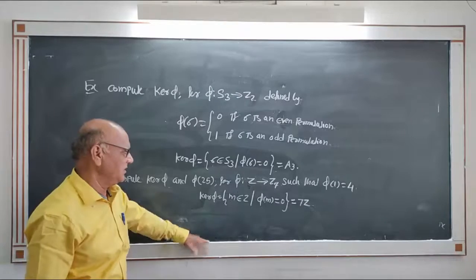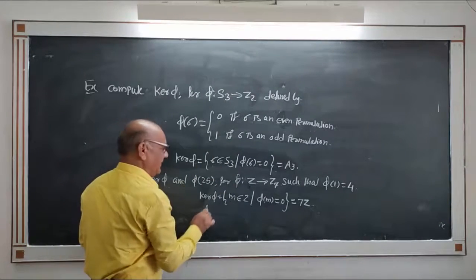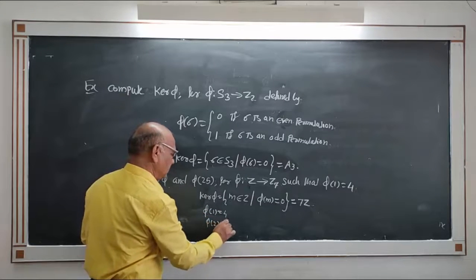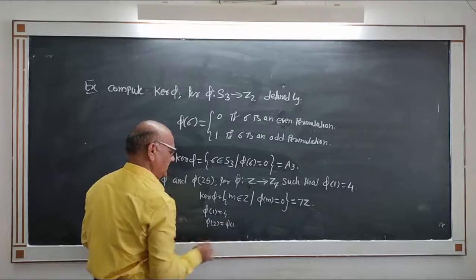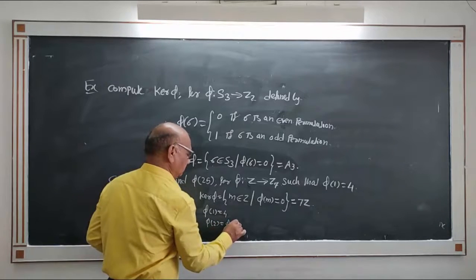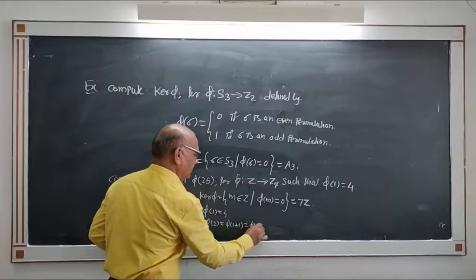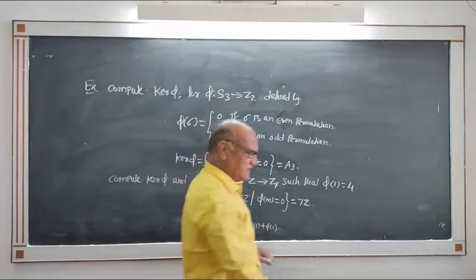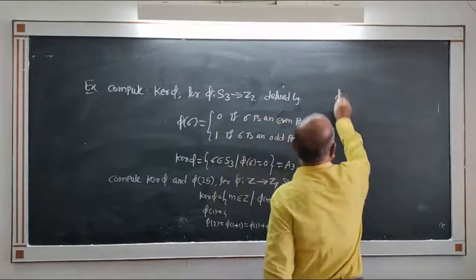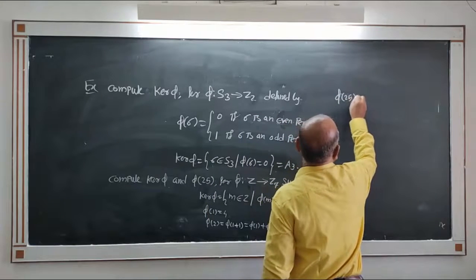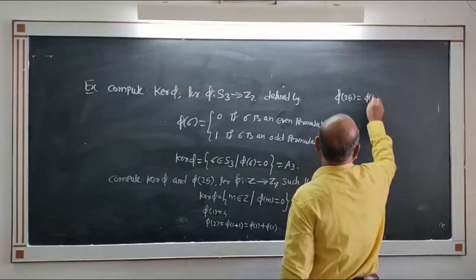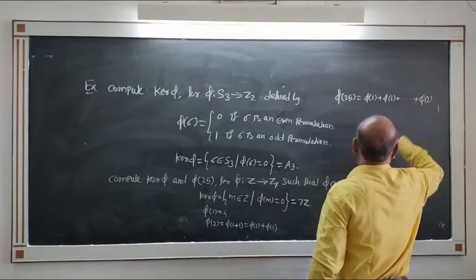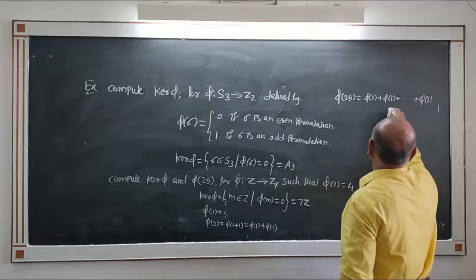Okay. Now find phi of 25. Here phi of 1 is equal to 4. Phi of 2 means 1 plus 1, that means phi of 1 plus phi of 1, like this. So phi of 25 is equal to phi of 1 plus phi of 1, phi of 1 taken 25 times, 25 summands.